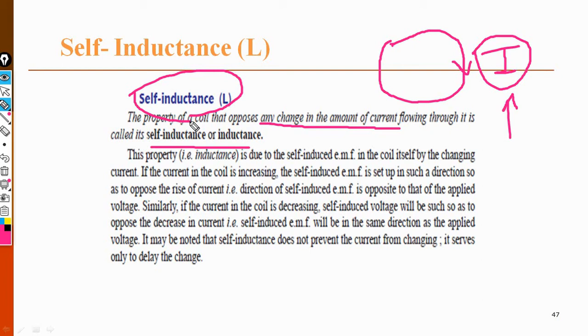This overall concept is called self-inductance. Now this is the definition and the properties of self-inductance. We have considered one coil, and the property of the coil that opposes any change in current flowing through it is called self-inductance or inductance.